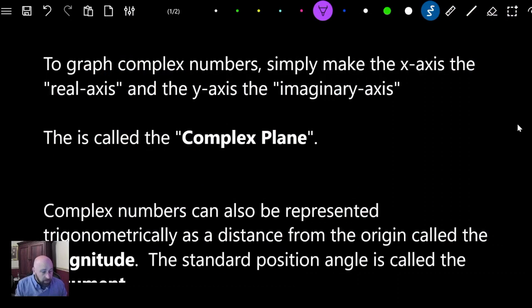So look down here: to graph complex numbers, simply make the x the real axis and make the y the imaginary axis. When you convert those over, we're not going to call this the Cartesian plane. We're going to call this the complex plane. So really still using the Cartesian plane, but actually graphing complex numbers on it. So we'll call it complex.